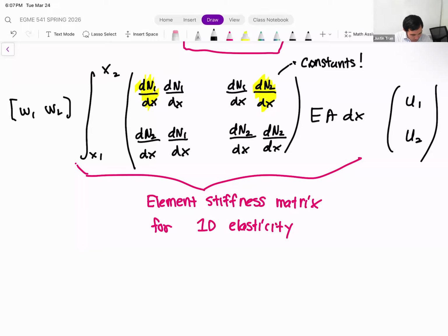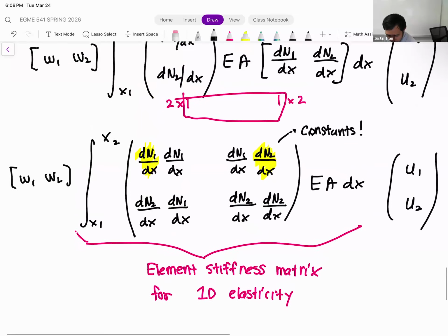So that's our expression for the element stiffness matrix. It's a little hard to move on from here because we have to plug in for E times A, but we'll definitely do this in the first example that we do.